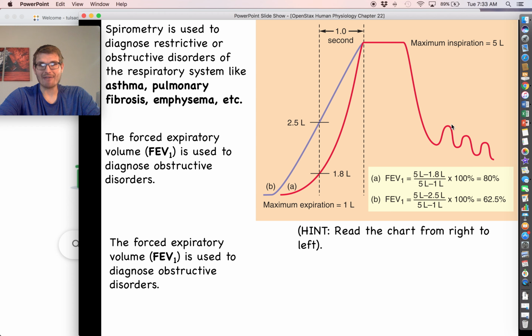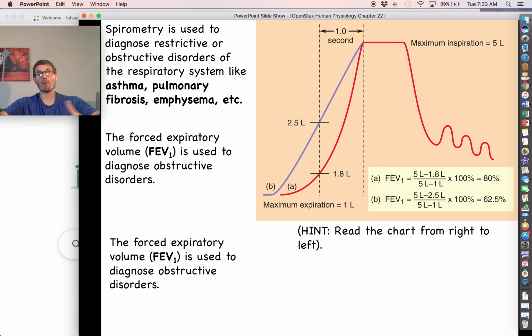After a few tidal volumes, our subject is instructed to get to their inspiratory reserve volume. So they breathe in as much as they possibly can until they can't breathe in anymore, and then they hold it for just a second or two. Then, when they're ready, they're instructed to breathe out as much as they possibly can.